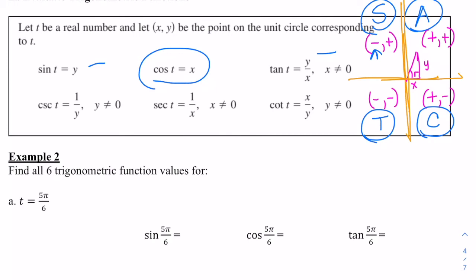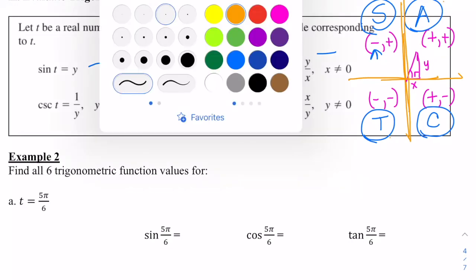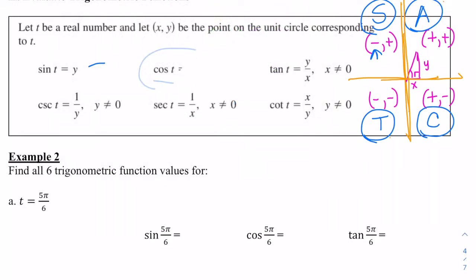So we use the acronym All Students Take Calculus, and that helps us remember which ones are going to stay positive. In the first quadrant, all of them, so sine, cosine, tangent, and the reciprocals are going to be positive. In the second quadrant, only the sine and its reciprocal, don't forget they're together here, the cosecant will be positive.